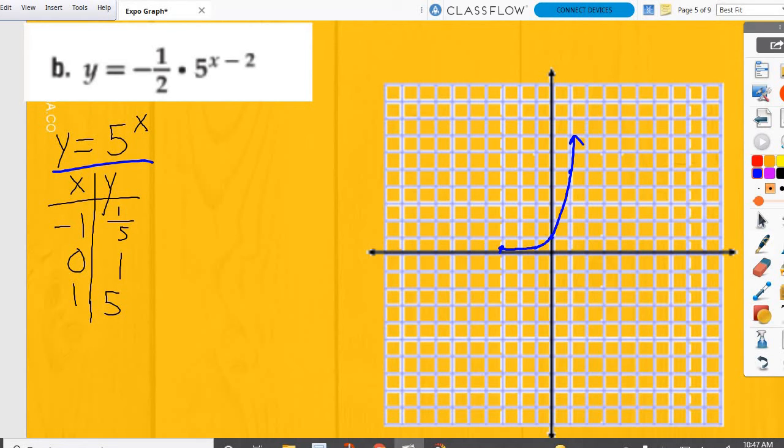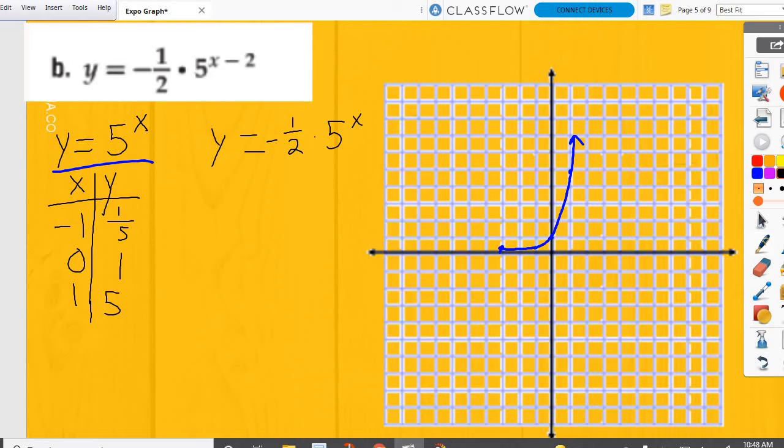So we want to look at the a value first, because that's going to affect the shape of the graph. And then we can just move that graph left, right, up, down, wherever we need to go. Okay, so if I looked at just the a value, so -1/2 times 5 to the x, okay? Could I rewrite that as -5/2 to the x power?